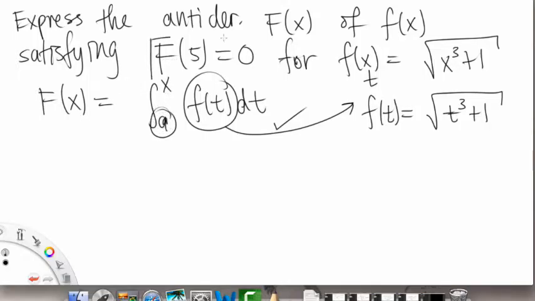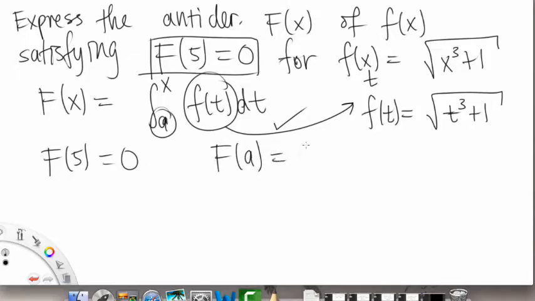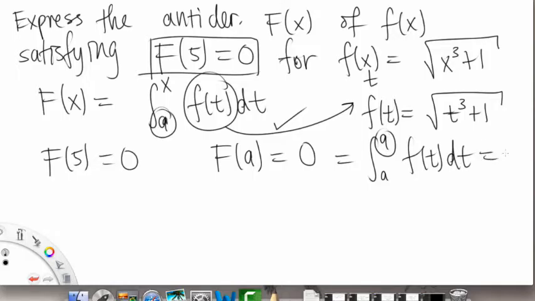So let's use another piece of information that gives us a little hint. We do know that F of 5 is equal to 0. And remember from the very last thing that I wrote for the Fundamental Theorem of Calculus Part 2, we said that A of a is equal to 0, because when you plug in a to a, we just get a non-existent area, which is 0.